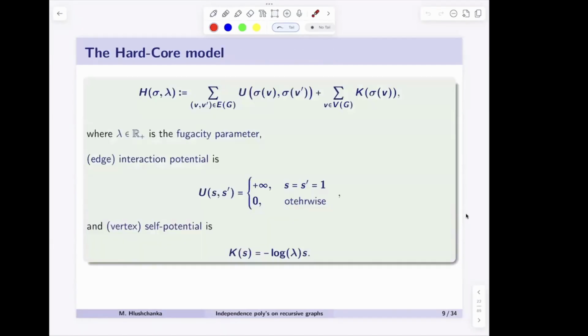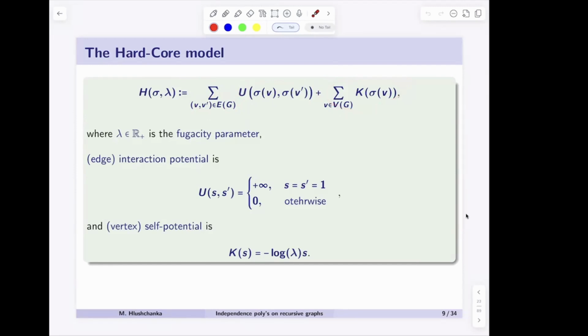The hardcore model corresponds to the special situation when the energy is described by the following formula. Here, the corresponding Hamiltonian has two separate quantities. One corresponds to the interaction between adjacent vertices, and the second sum appears just from the vertex self-potential.